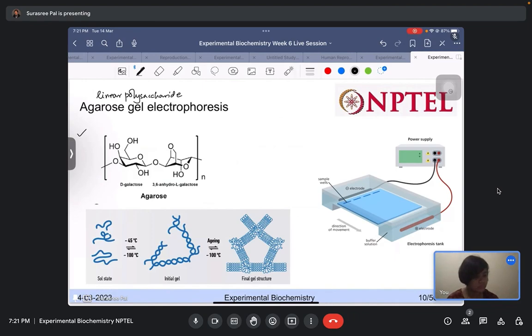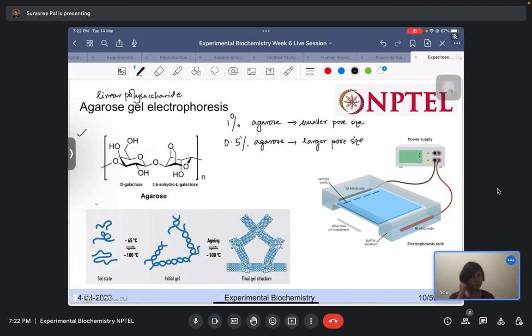So suppose we have 1% agarose gel and 0.5% agarose gel. 1% agarose gel will have smaller pore size, and 0.5% agarose gel will have larger pore size.